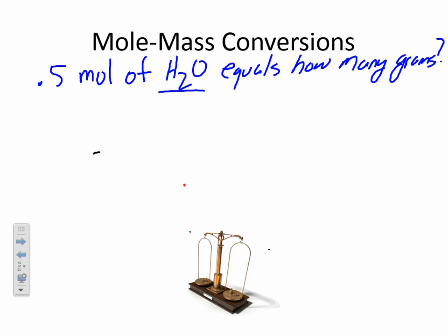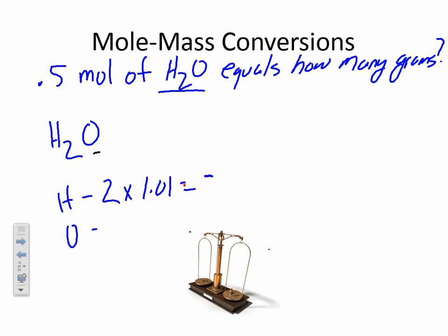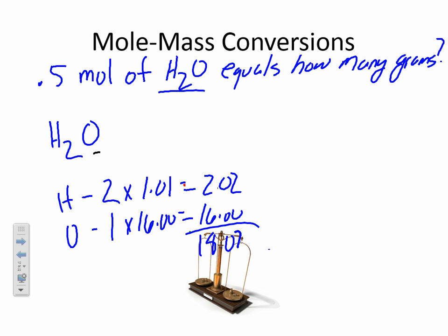So we have H2O, and in H2O we have H and O. We already did this off the last slide. We have 2 hydrogens at 1.01, so 1.01 times 2 is 2.02. We have 1 oxygen. The weight of oxygen is 16. 16.00 equals 16. Add that up, we get 18.02.